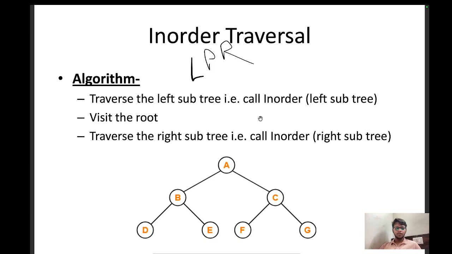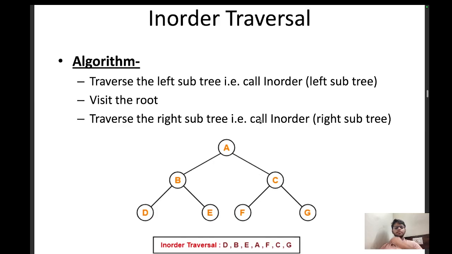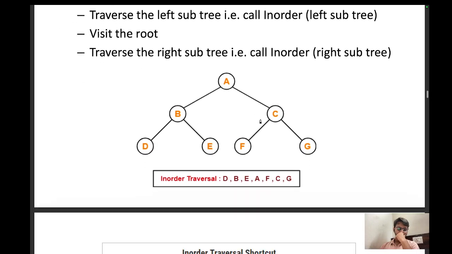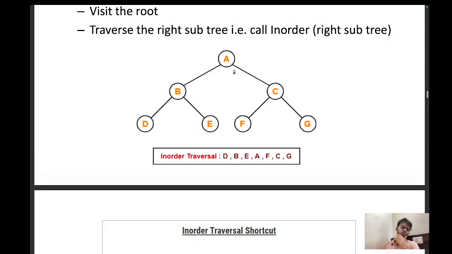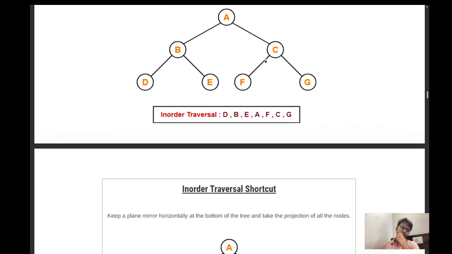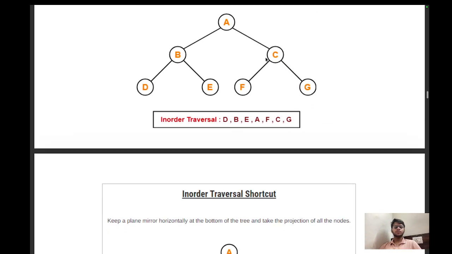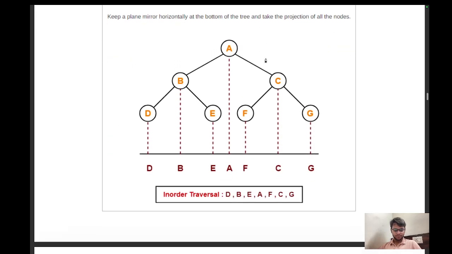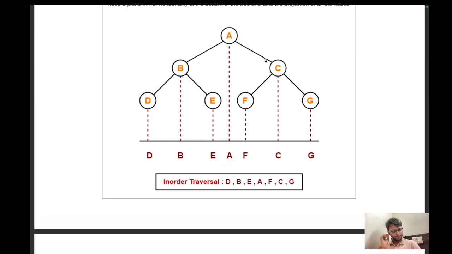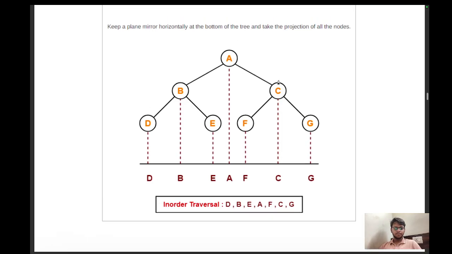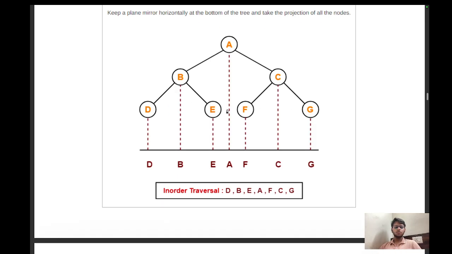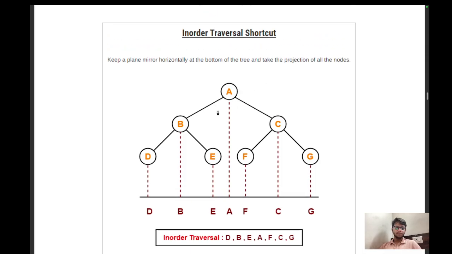Now let us see what we can make from here. The same diagram we have taken here also, where A is the root node of this tree, with A, D, B, E, F, C, and G. So in in-order we have to take the parent node in the middle of the children.